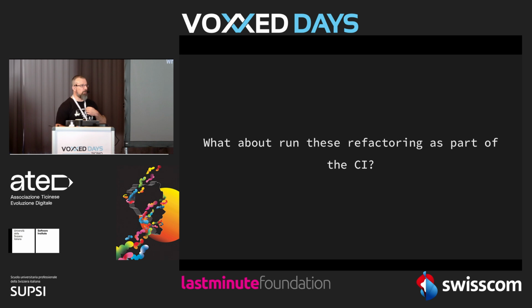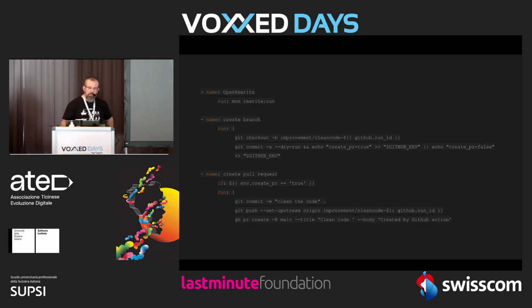When? In this case, my idea, and we are still discussing it, is to execute this kind of refactoring after the PR proposed by the developer is merged. So when the PR is merged, another workflow executes the refactoring and cleans up the code, removes, I don't know, system out, or in this case, migrates to AssertJ, whatever.